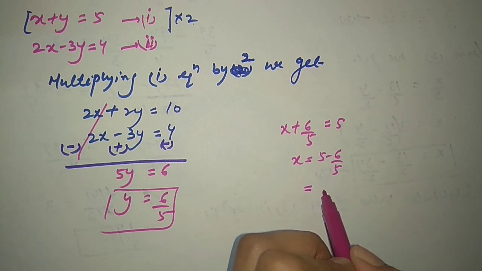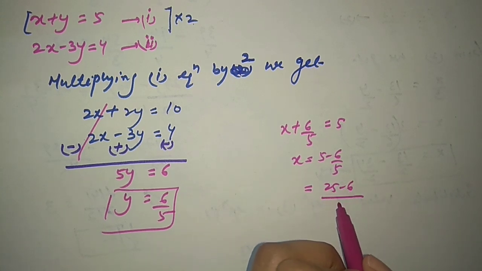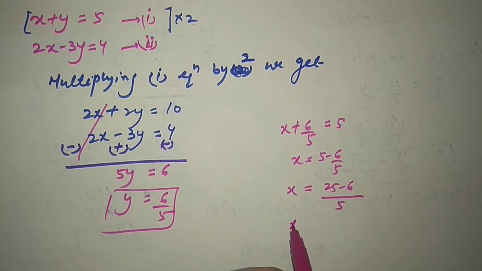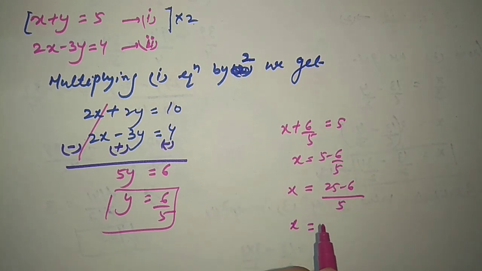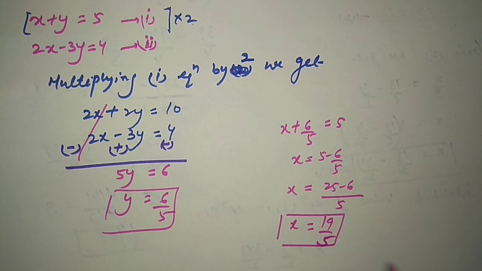On LCM I get 25 minus 6 upon 5, and on subtracting I will get 19 by 5. So here is our second value of the second variable.